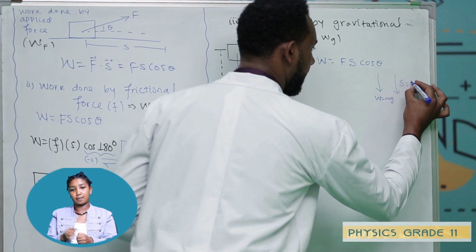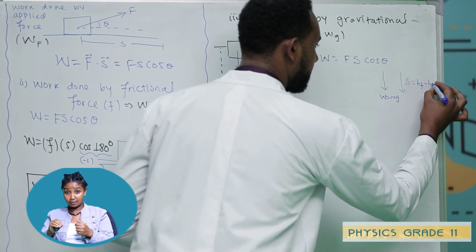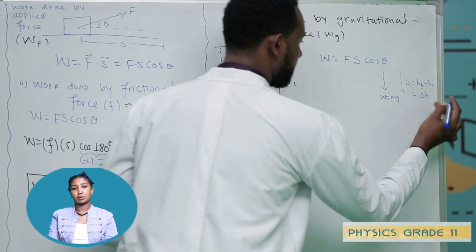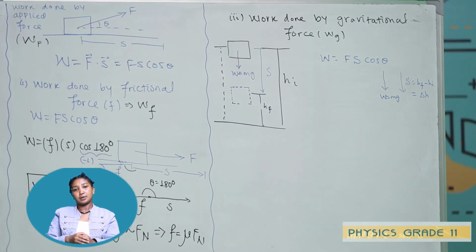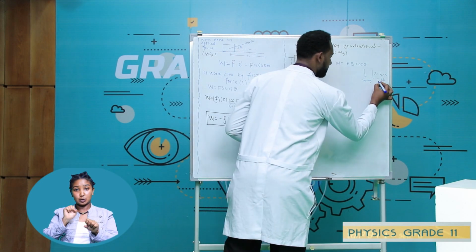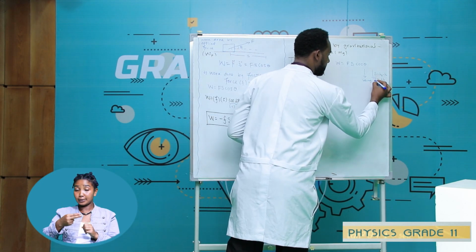We can have H final minus H initial. It's possible to represent it as delta H sometimes, or if the initial height is 0, you can only use H.